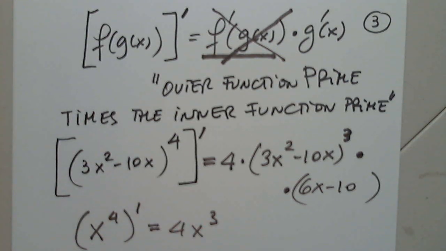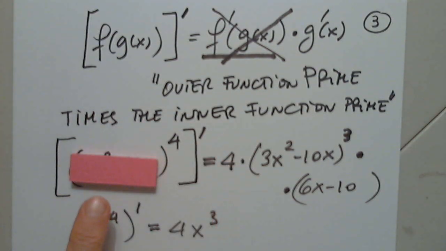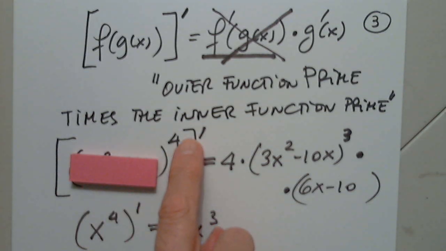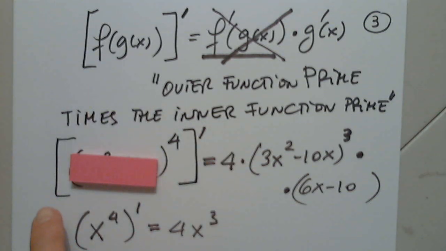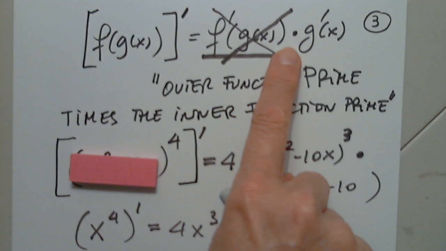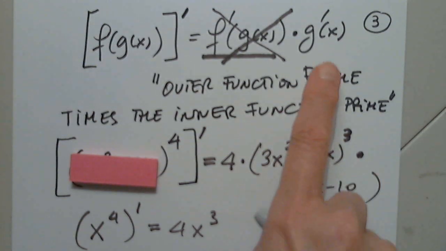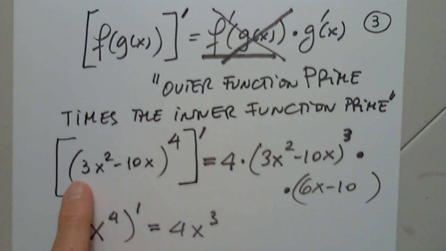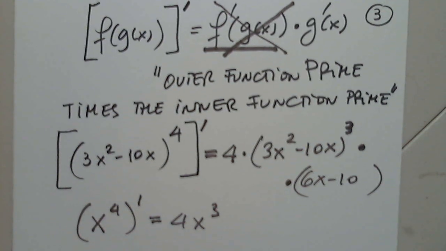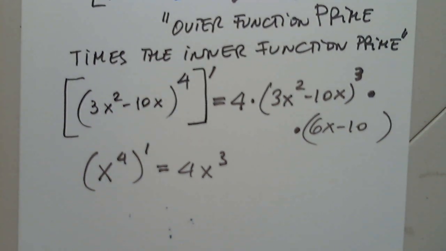We differentiated the outer function. The outer function is blah to power 4. 4 in front. Subtract 1 from the power. But that's not enough. Times the inner function prime. So that's an example of the power rule combined with the chain rule.